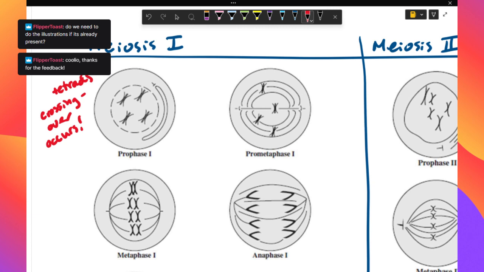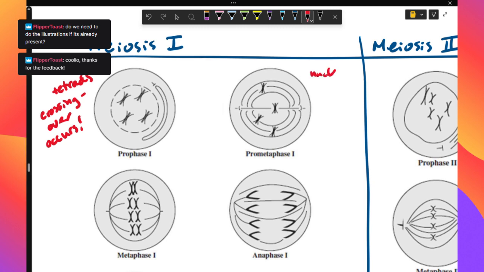We don't have time to get really deep into that, but it's a very, very cool process. Let's see. Cool. That's prophase.